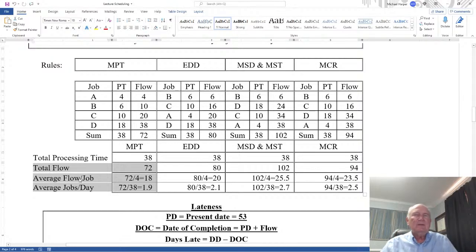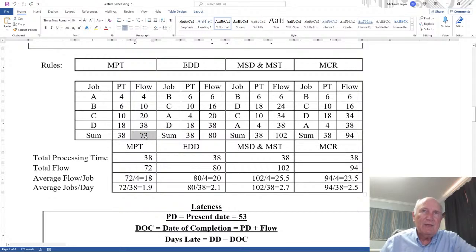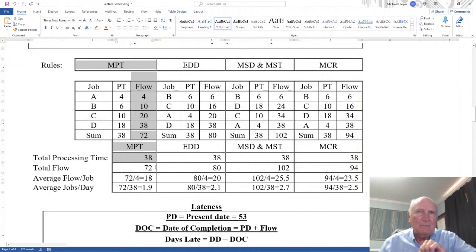Now, a very important property. I explain this and demonstrate it in the video, but to minimize the total flow, the minimum total flow will always be the MPT schedule. The MPT schedule will always generate a minimum flow.